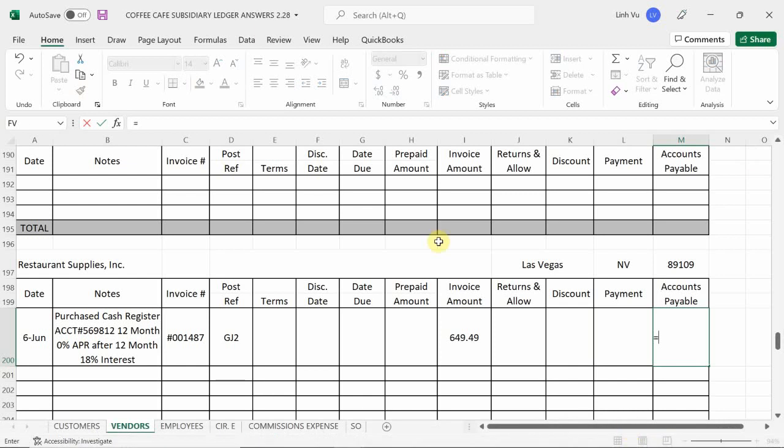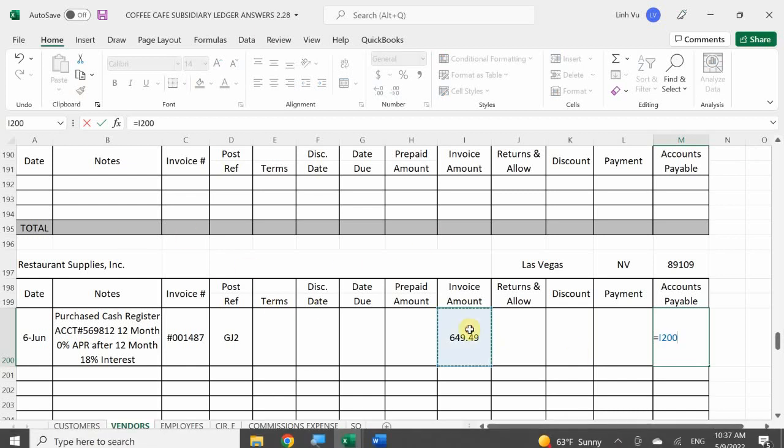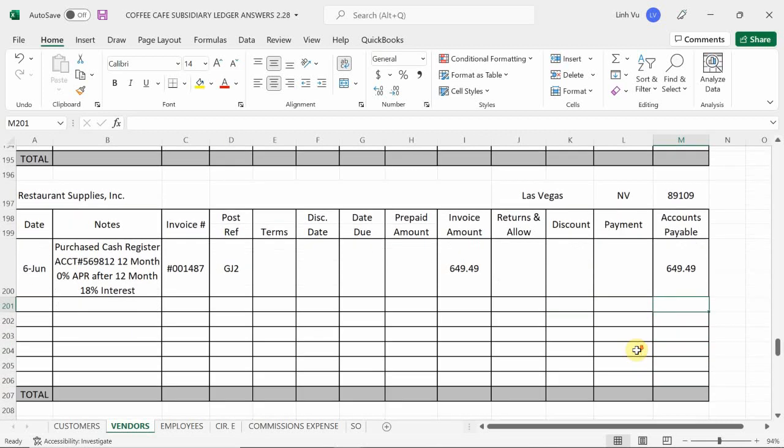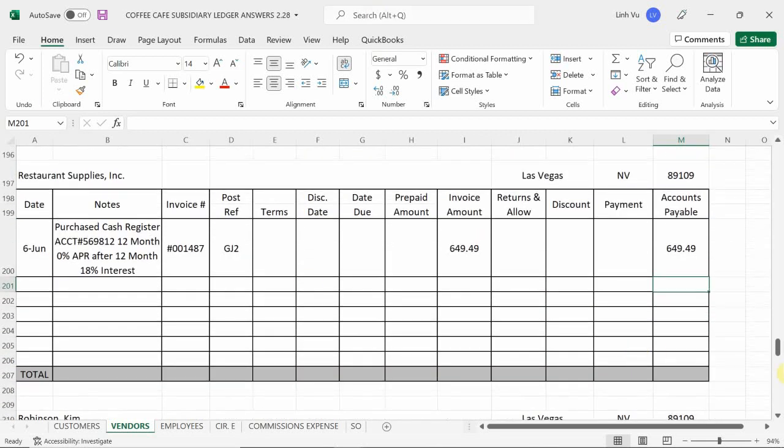If I'm going to start out with my invoice number, anything that decreases my invoice number is going to be any prepaid, any returns, any discounts, and any payments, which in this case, I didn't make any. So therefore, I owe $649.49 to restaurant supplies. And this is how I use my table to see where the money I owe and so on and so forth.